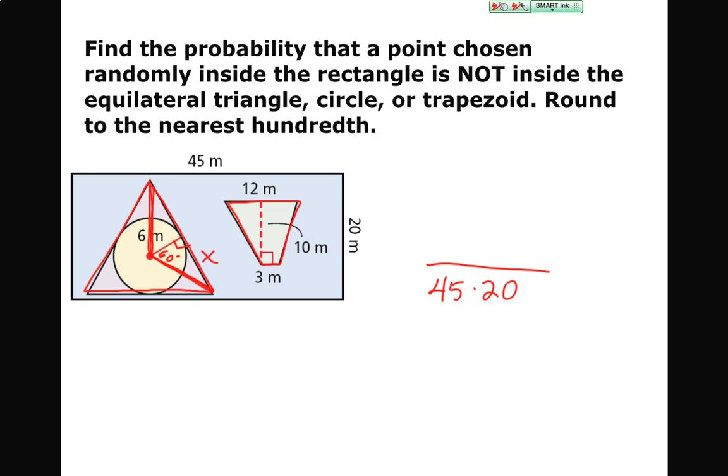It is a 30-60-90, so I could quickly get that it's 6 times the square root of 3. A lot of times they're not, so we use a trig ratio. Opposite and adjacent would be tangent. You could use the tangent in order to find it. That just gives you a review on how you got to that. Overall, how do you find the area of a regular polygon? 1/2 apothem times perimeter. Remember that?